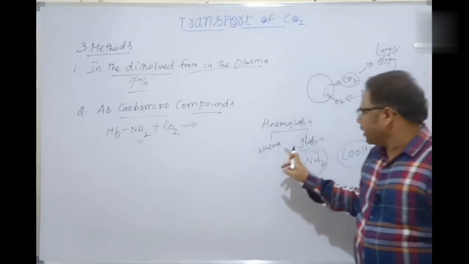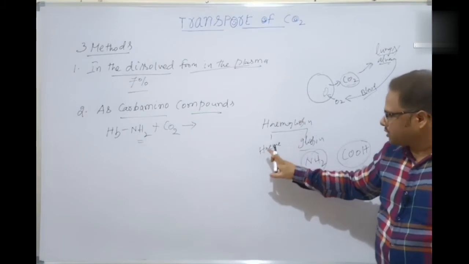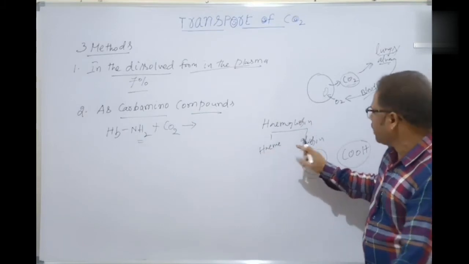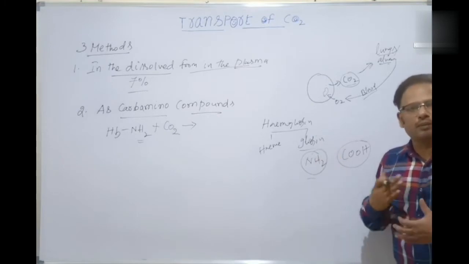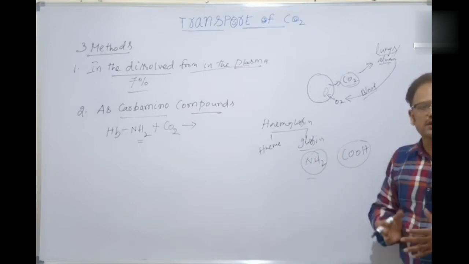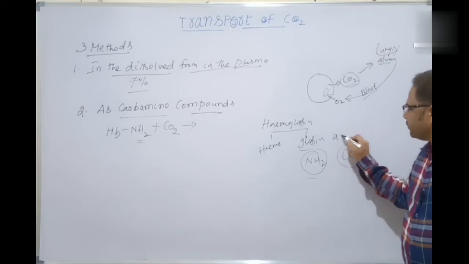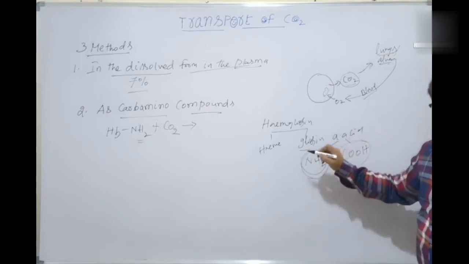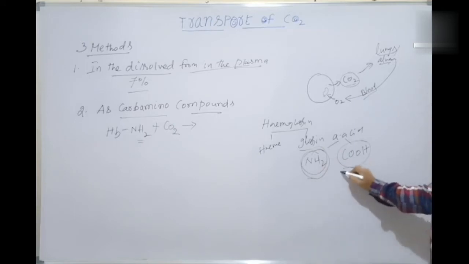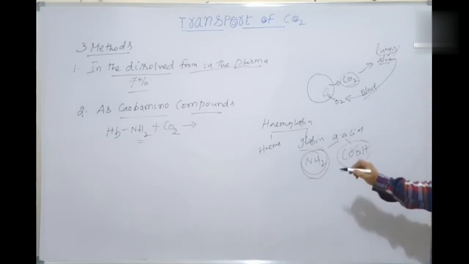I told you that hemoglobin contains two parts. What are they? The heme part and the globin part. Globin is a protein, and the protein is made of polypeptides. The polypeptides are made of amino acids. Each amino acid contains two groups. One is an NH2 group, that is the amino group. The other is a carboxyl group, COOH. Here we are not bothered with this one.